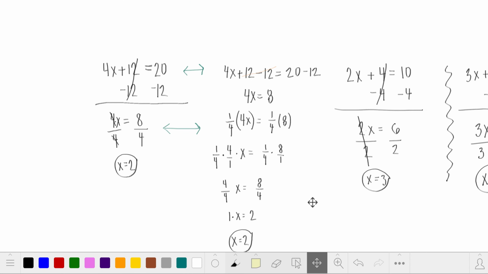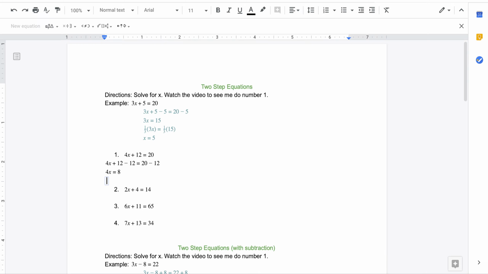There's no good option in Google Docs to write 4x divided by 4 is equal to 8 over 4. So I would suggest to use this method where you multiply both sides of the equation by 1/4.